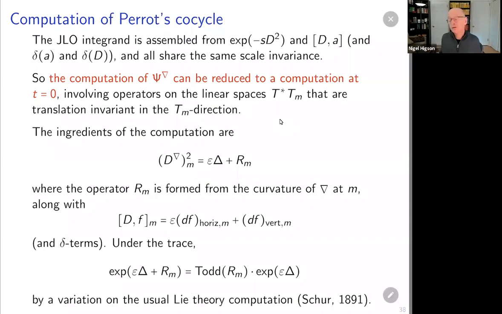And what he found is the usual formula for the derivative of the exponential map, which involves 1 minus e to the minus x over x, the usual thing. And that's where the Todd class comes from, this well-known formula. So it's all really rather remarkable and quite accessible, really, at least if you take the semi-classical limit.